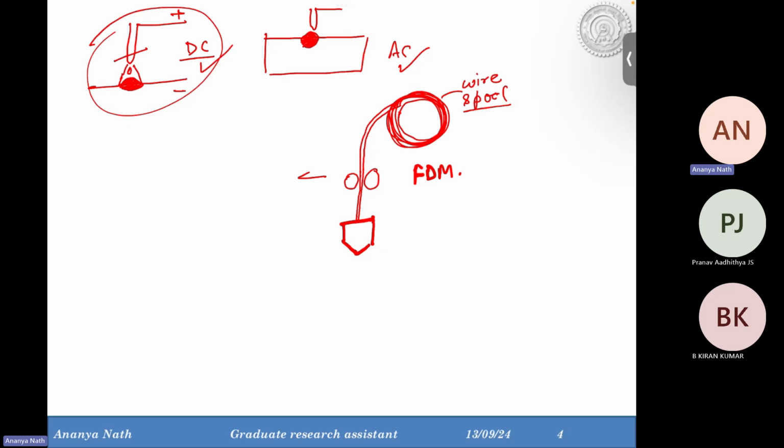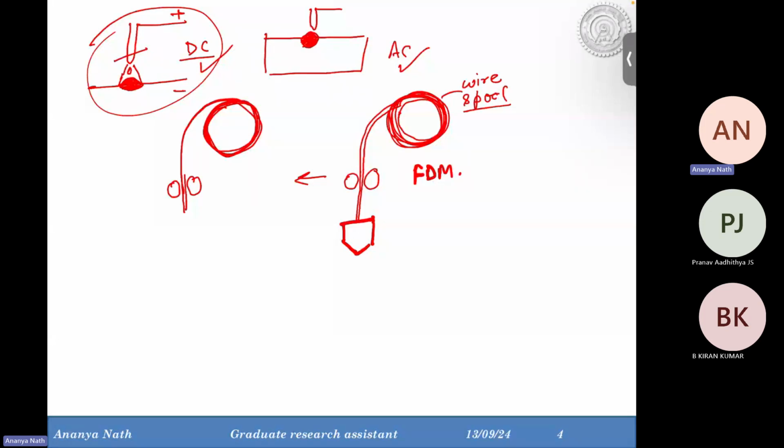WAM is nothing but the same. So there will be a spool. From the spool, the wire will come. Here also, pinch roller type mechanisms are used to pass the wire, to keep the wire in tension, so that the wire shouldn't get bent, or there shouldn't be any deformation in the wire.